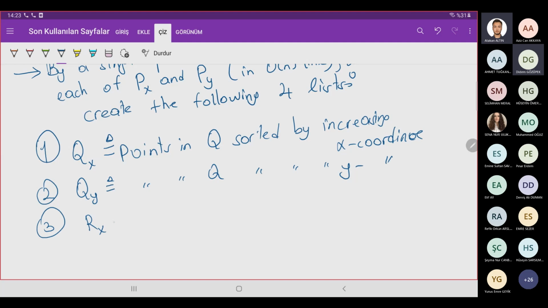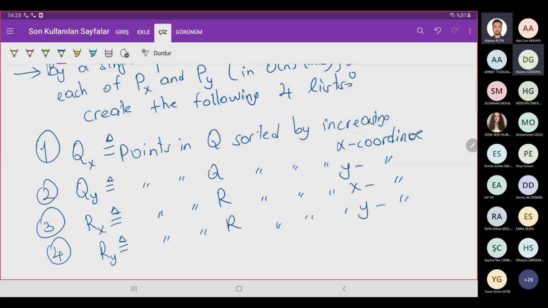Rx: points in R sorted by increasing x coordinate, and Ry: points in R sorted by increasing y coordinate.